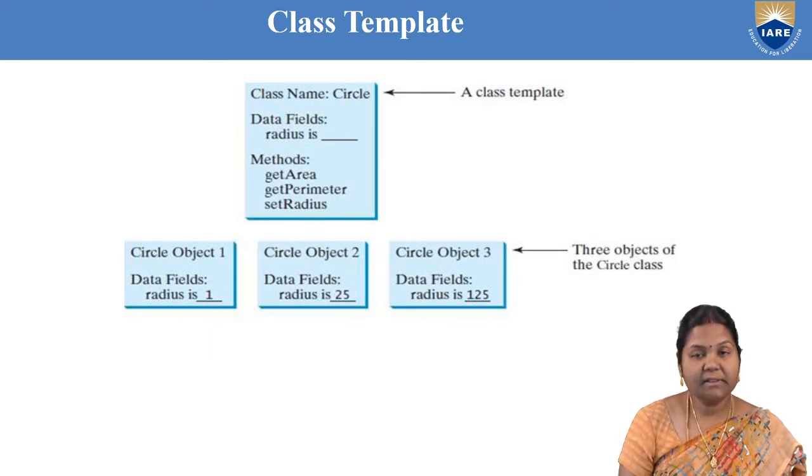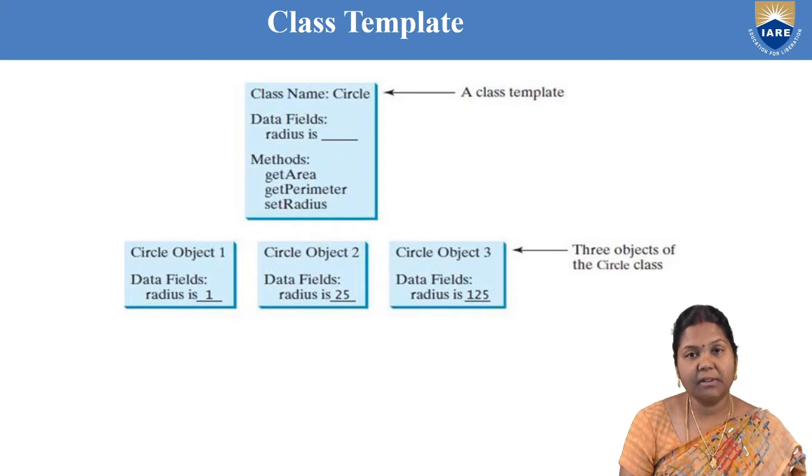Let us see how. See, for this Circle class, we can create n number of objects. For example, we are creating object 1 for the Circle class. So for object 1, by taking radius value equal to 1, you can compute the area, perimeter, and so on. Similarly, for object 2, we can take a different radius value like 25, and we can also calculate the area, perimeter, and so on.